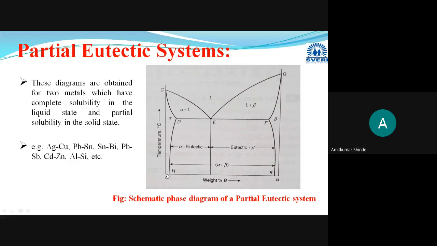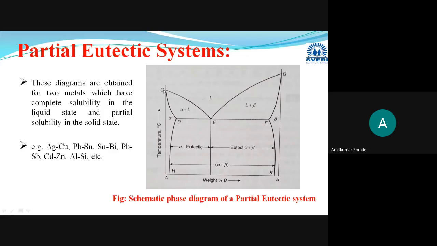Then this point C will represent the melting point of element A, and this point G will represent the melting point of element B. These 2 points will indicate the melting points.